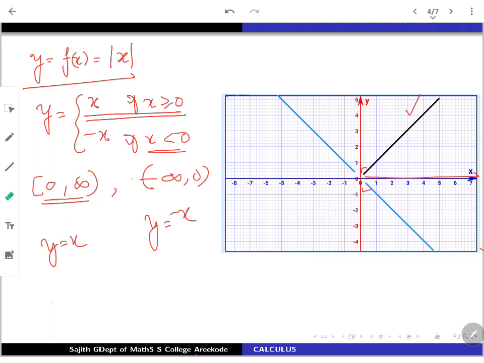Very similarly, one can avoid the second graph y equals minus x on the non-negative part, no positive part. So this is how you have to fill it. What you are going to get is a V shape. These two pieces joined together will give you exactly the graph of the absolute value function.